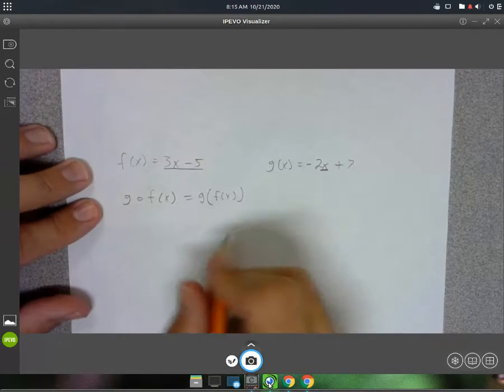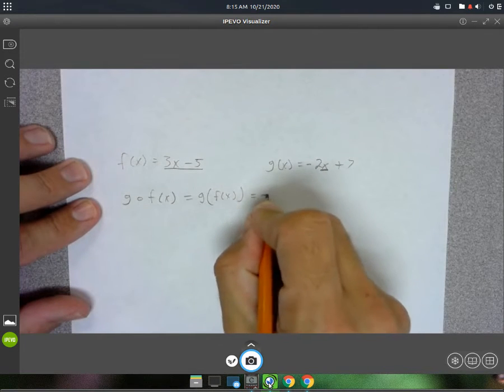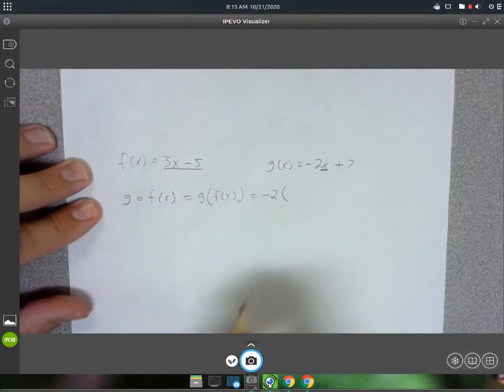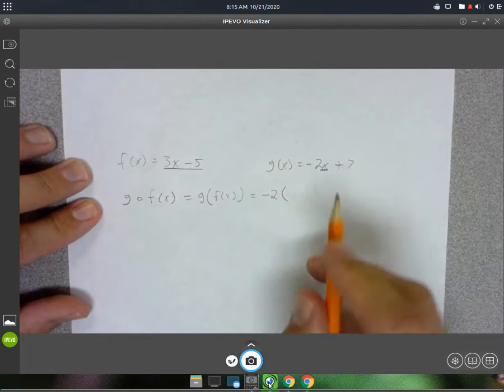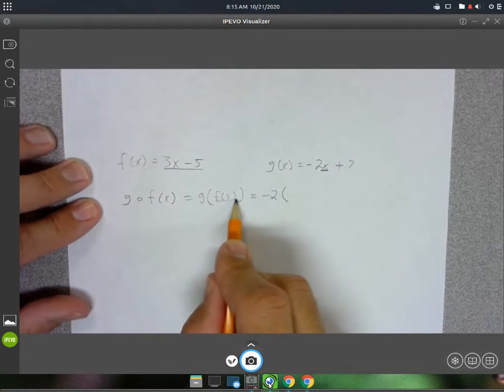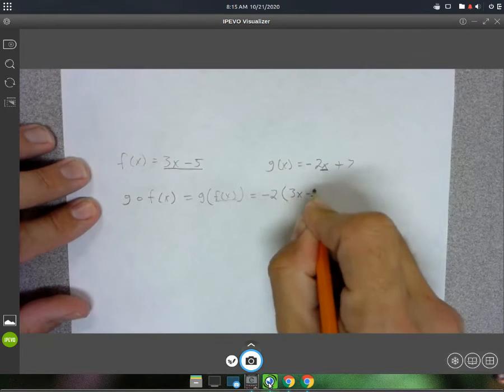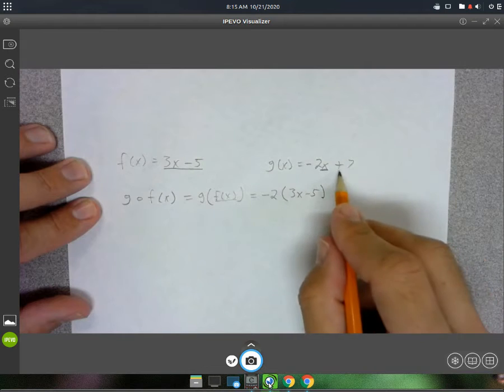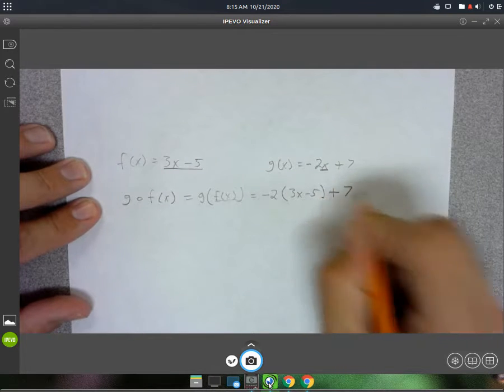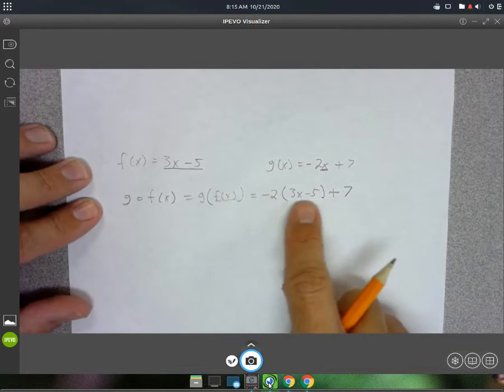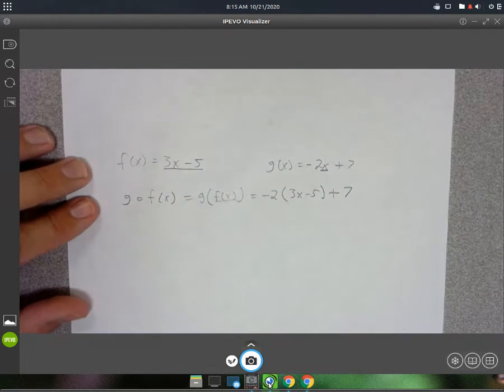All right, so it's going to start off with negative 2, and then instead of an x, we're putting this whole f of x in. So 3x minus 5, and then we have this plus 7. So it's negative 2, and then this is the x right there, and then plus 7.